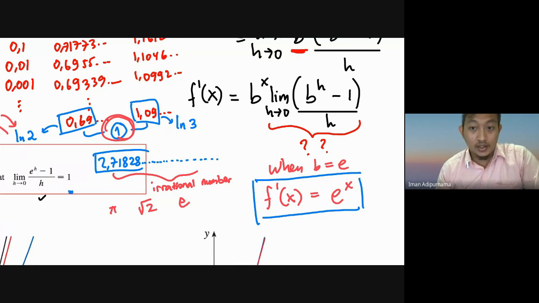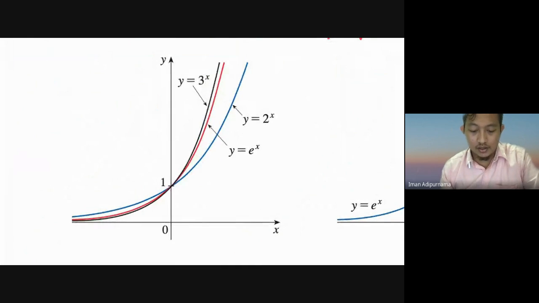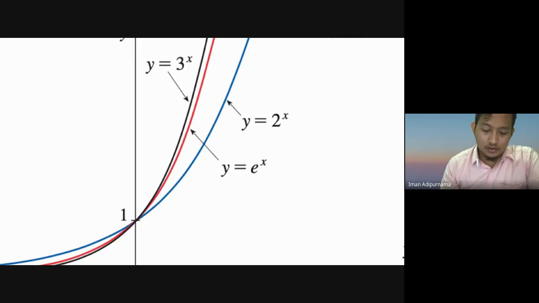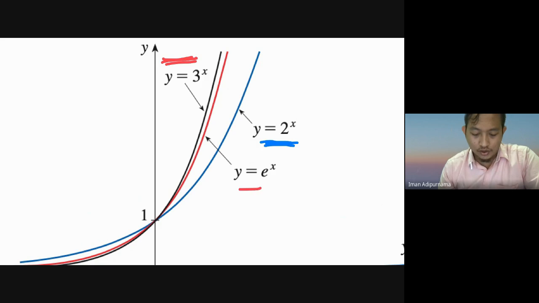It doesn't go anywhere. If you check where e to the x will be, you can see 2 to the power of x here and 3 to the power of x here. e is in between those numbers.